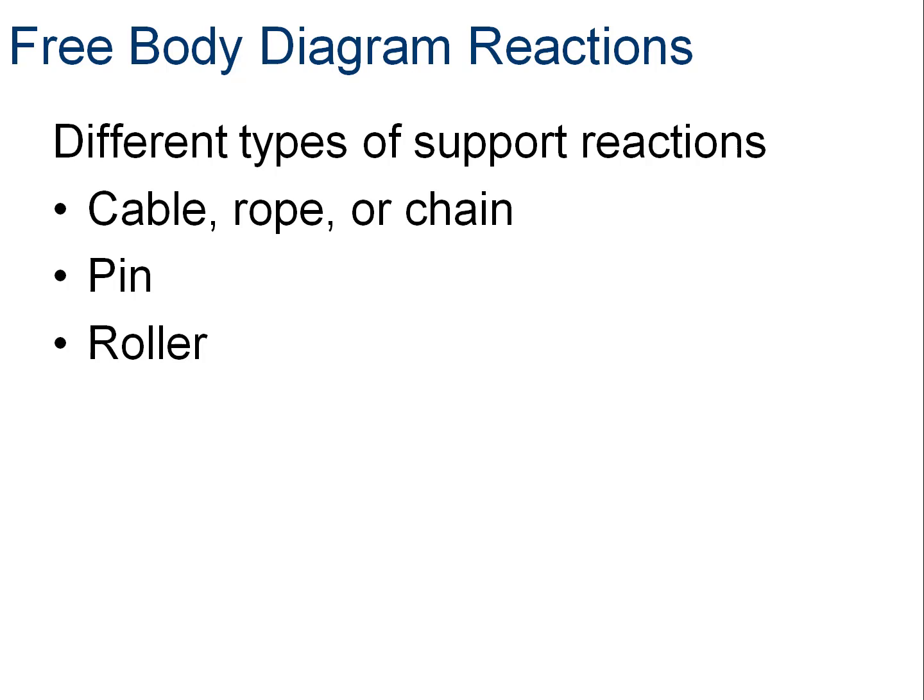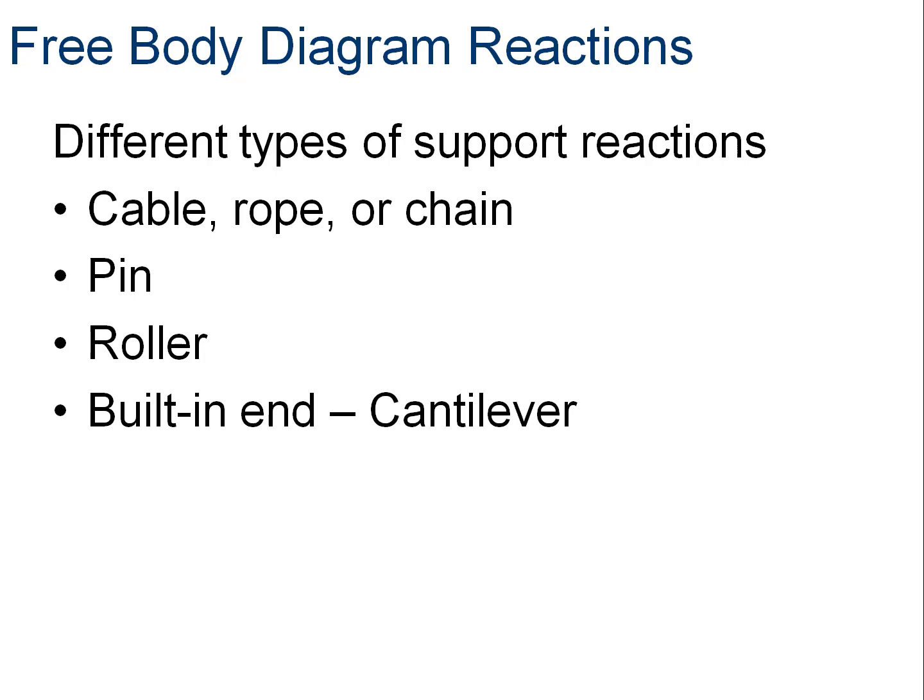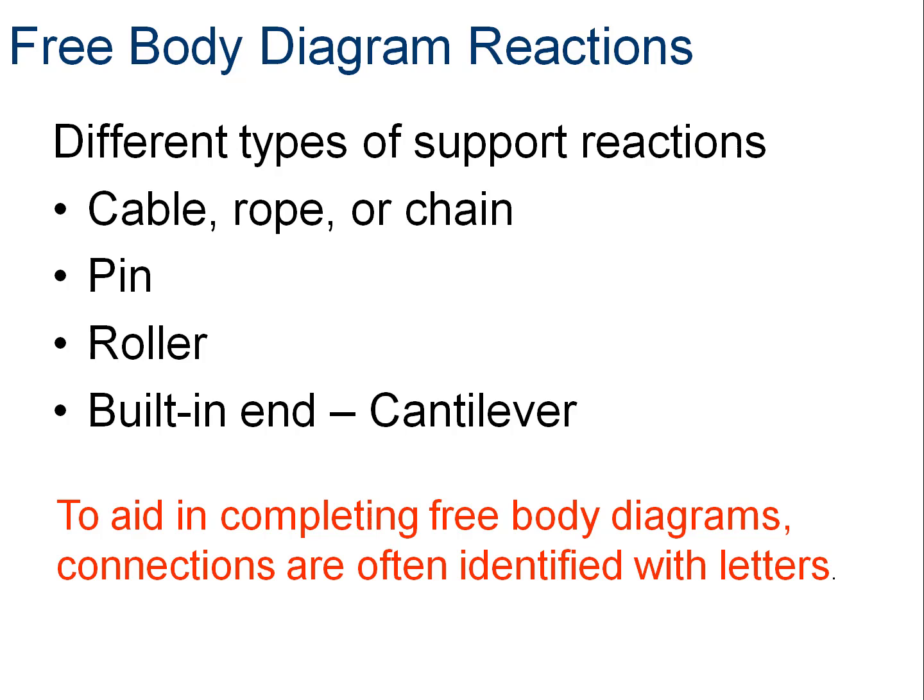That is a support like a wheel on a surface. It only supports in one dimension. It will roll. And also what a cantilever looks like. We talked about cantilevers when we were talking about moments in our last lesson. So when we do the free body diagrams, we often put letters along with our forces, and that will help us identify both the location and the type of force.